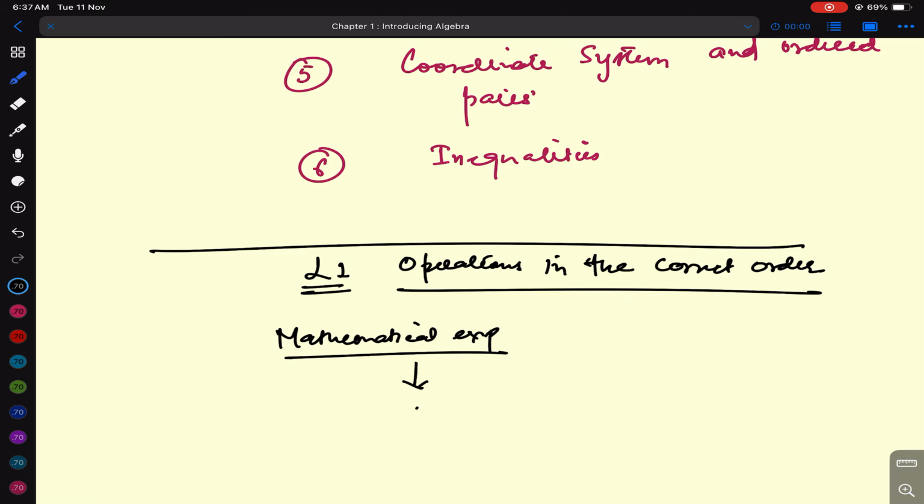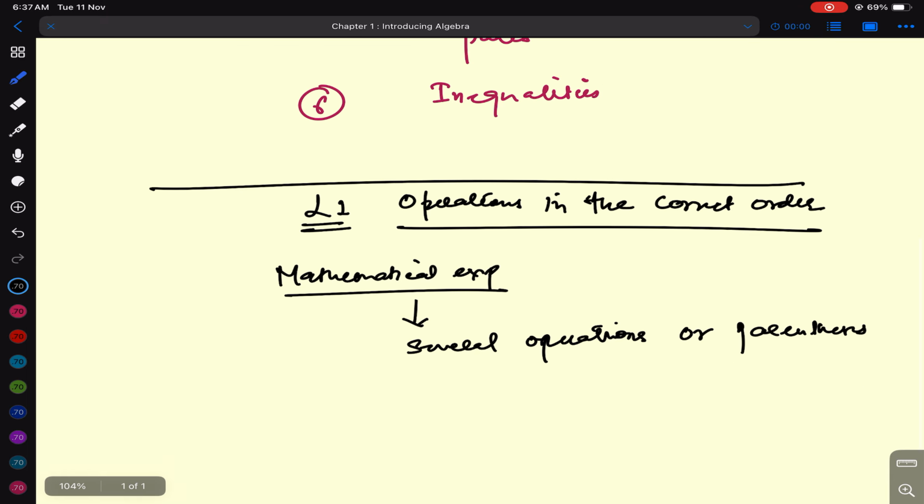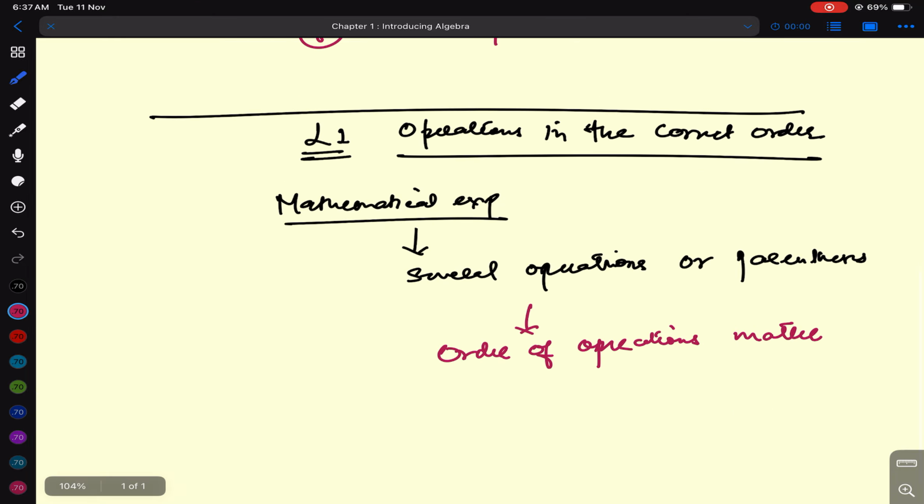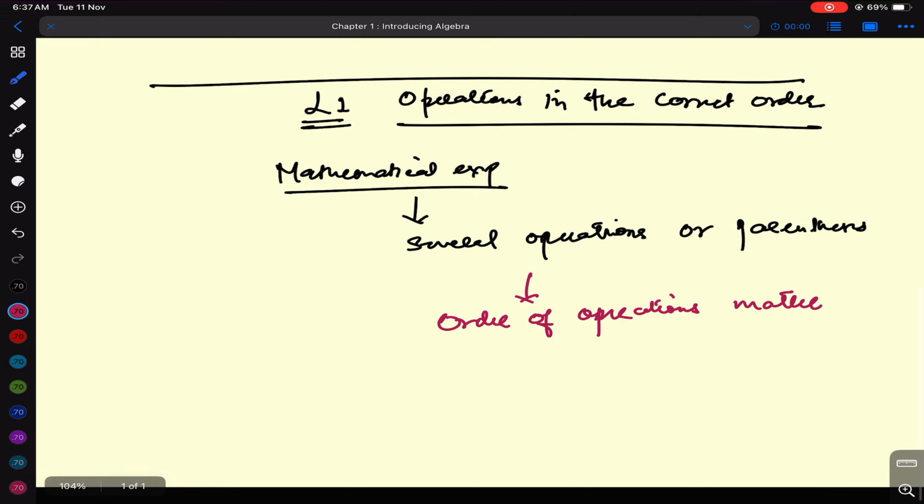A mathematical expression basically involves several operations over parentheses. The order of operations is what matters when multiple operations are involved in a mathematical expression. Whenever we see a mathematical expression having multiple operations, that is where the order of the operations matters. How we perform the operations, which operation takes the precedence, is what matters. Clear? I'll give you an example.